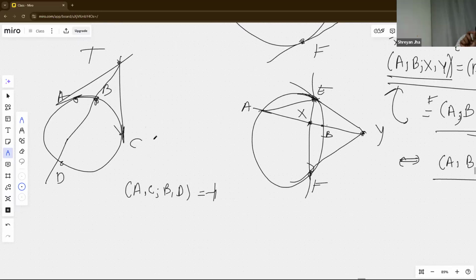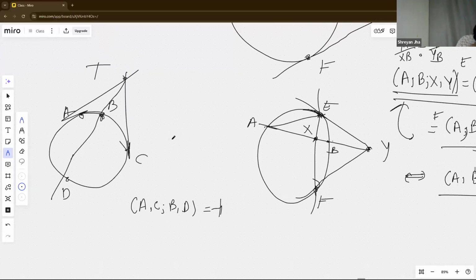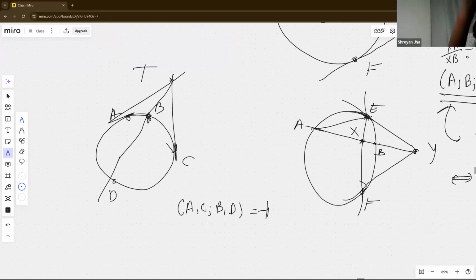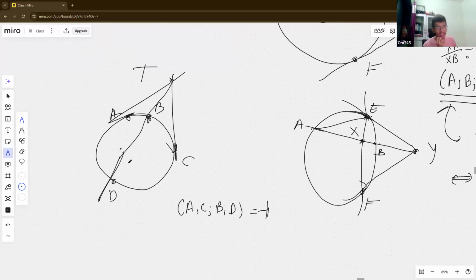Can we take the cross ratio with respect to the center of the circle? No, the cross ratio is with respect to the conic. If we just take the center of the circle and draw those rays, that is fine, but it will not preserve anything. We cannot project from O to somewhere.